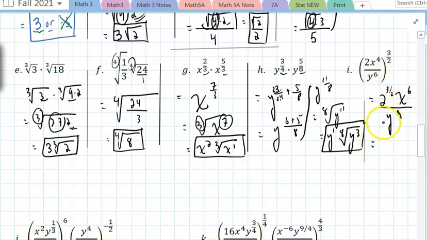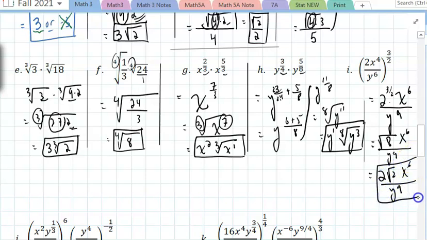So the only value that I have to worry about is a square root of 2 cubed, which is an 8, x to the 6 over y to the 9. And 8, there's the radical as it's 2, because that's 4 times 2, and you have 2 left over. And there it is.